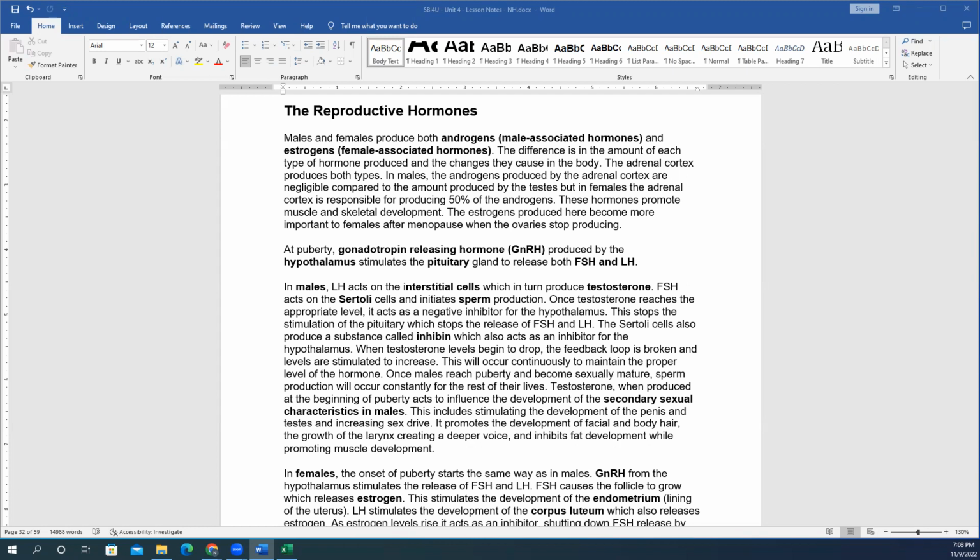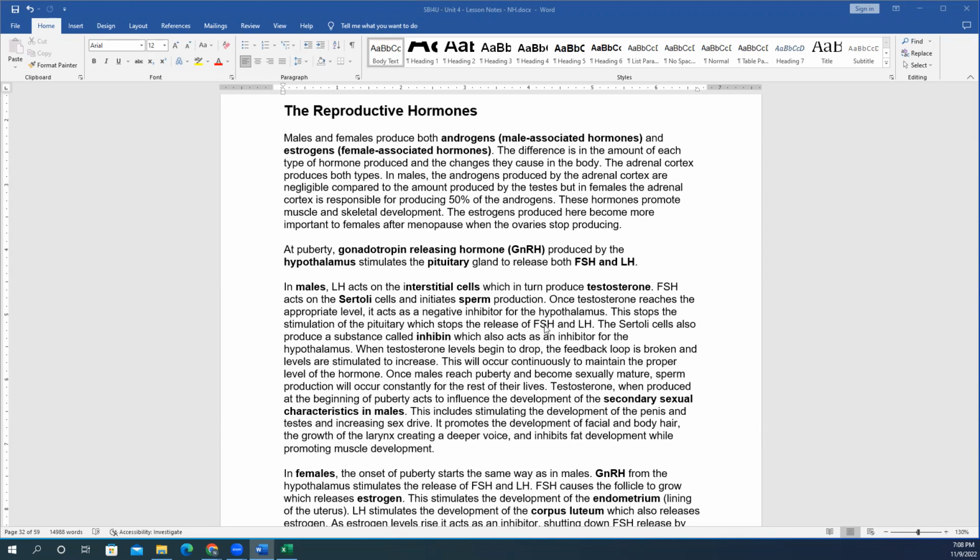So where were we? Right, we were talking about puberty in males, and how the production of testosterone is stimulated by the luteinizing hormone.